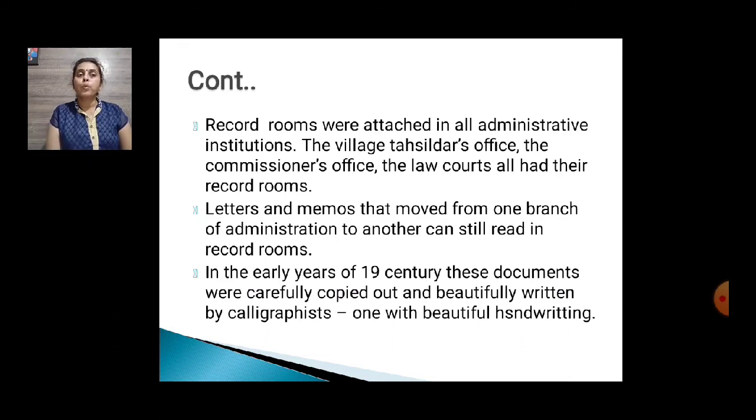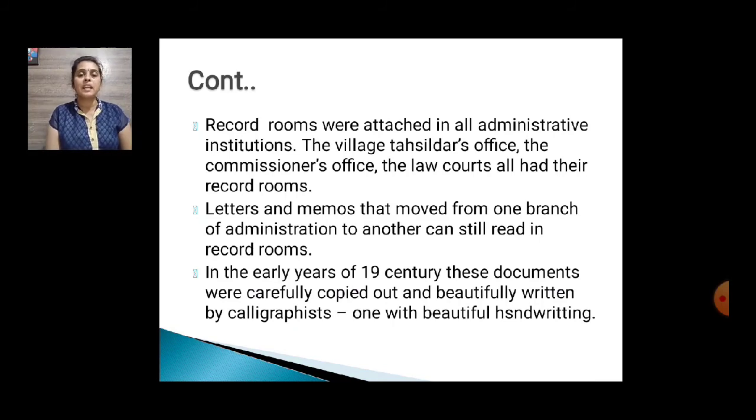Letters and memos that moved from one branch of administration to another can still be read in record rooms. तो कैसे वो जाता था एक जगह से दूसरी, that can still be read. In the early years of the 19th century, these documents were carefully copied out and beautifully written by calligraphists. Now, who are these calligraphists? They are people with beautiful handwriting.